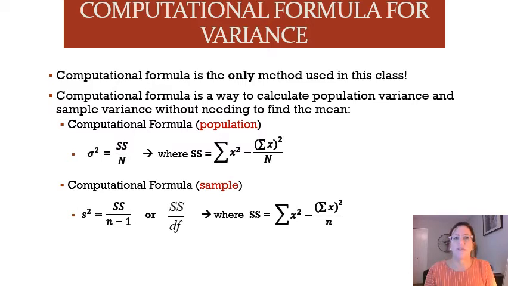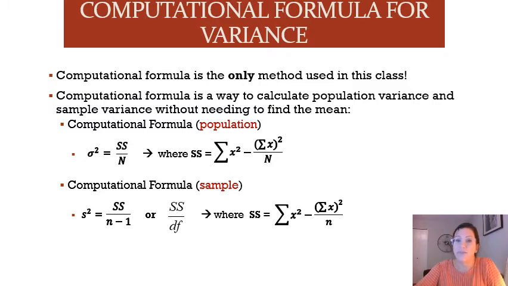The definitional method that the textbook uses is prone to rounding errors and is only really beneficial if you're using very simplistic data, whole numbers, small numbers, whereas if you're dealing with real research data, you're going to want the most accurate method. So I only teach the computational formula to calculate variance.